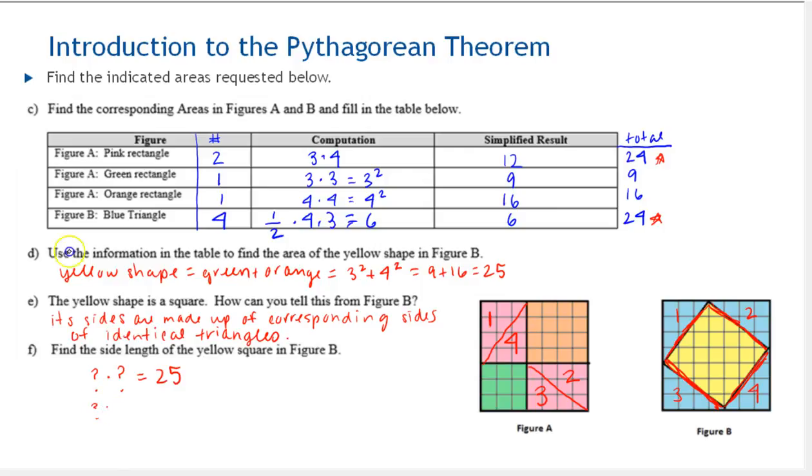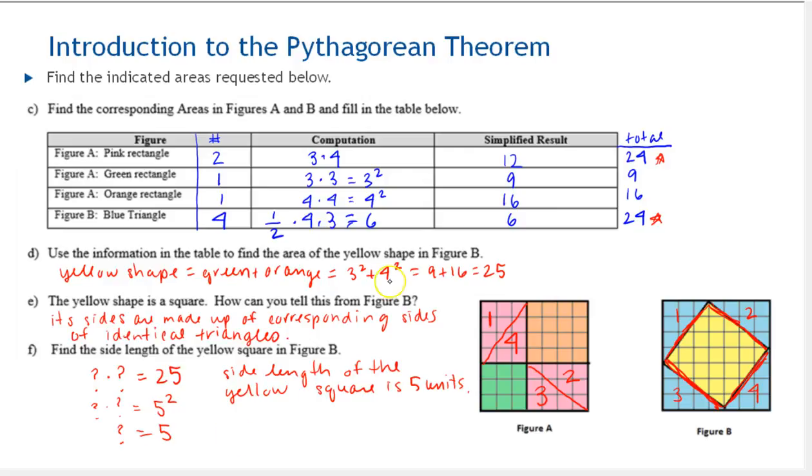Well, we know that 25 is a perfect square. It's 5 squared. So that means that the number we're looking for, or the side length, equals 5. So the side length of the yellow square is 5 units.